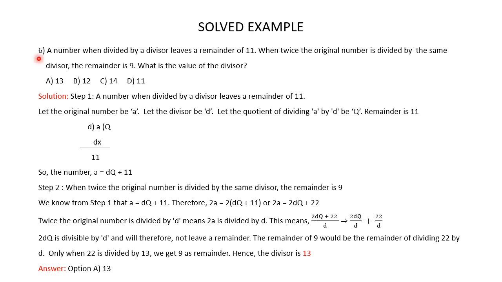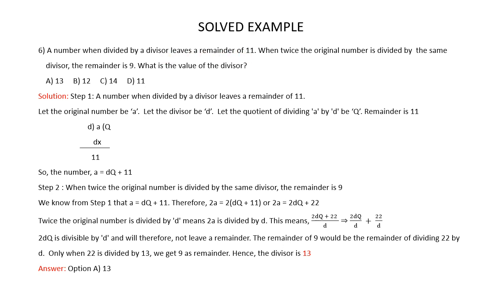Question 6. A number when divided by a divisor leaves a remainder of 11. When twice the original number is divided by the same divisor, the remainder is 9. What is the value of the divisor? This means that when a number is divided by a divisor, you get a remainder of 11.